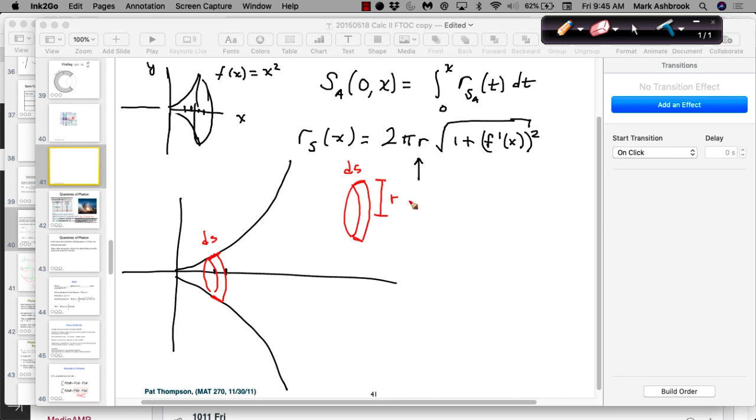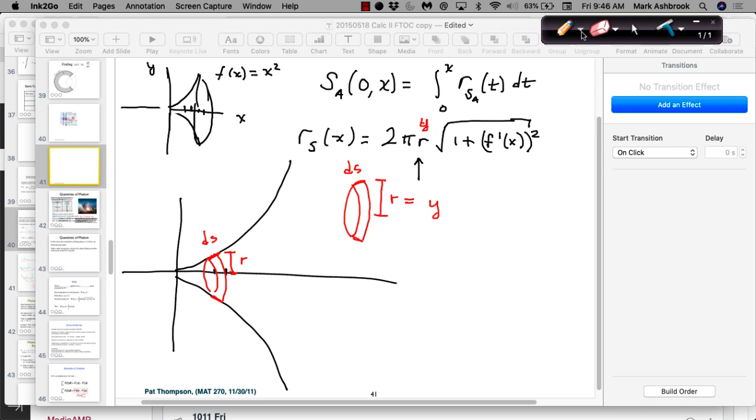Is it our x-coordinate or y-coordinate, the big variation in x or big variation in y? From here to here is the radius. So what is that? It's the y-coordinate, right? The y-coordinate to the curve. So when I write this rate function, if r is y, do I need to change that?